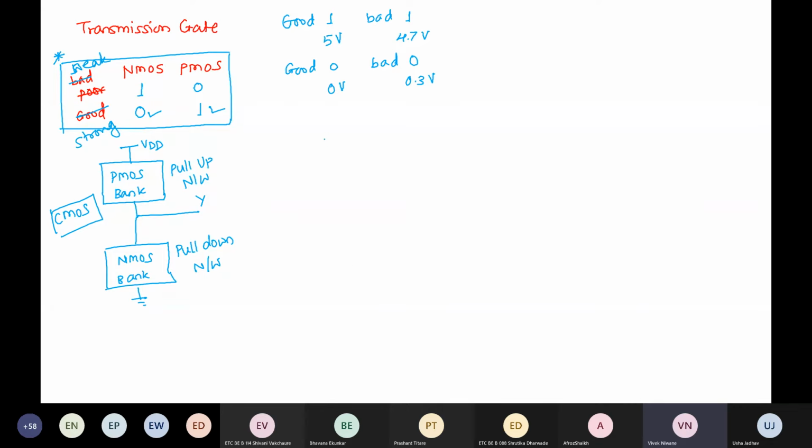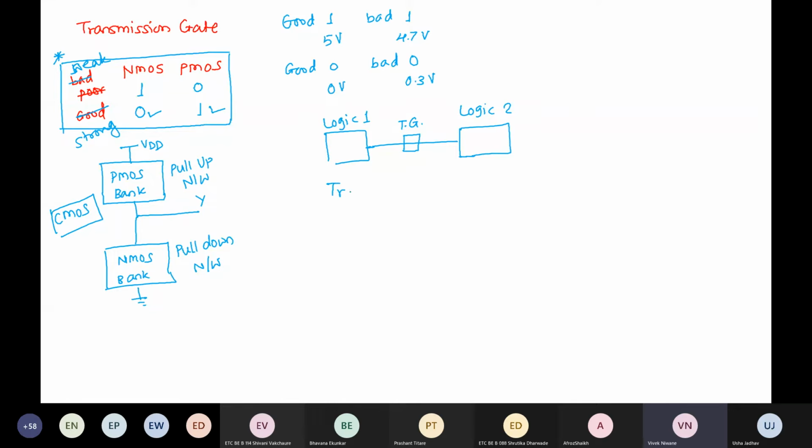Okay. So, transmission gate. Suppose this is some logic 1 and this is another logic 2, and I want to transmit a certain signal from logic 1 output to the logic 2 input. To retain the voltage levels, I will insert one transmission gate over here.